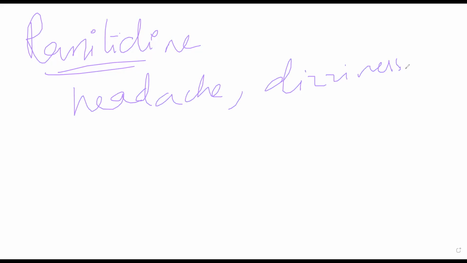ठीक है. You can use H2 blockers in case of gastritis, PUD, GERD. You can use it as a pre-anesthetic medication. ठीक है. Generally gastric acid secretion is decreased in order to prevent damage to respiratory mucosa.